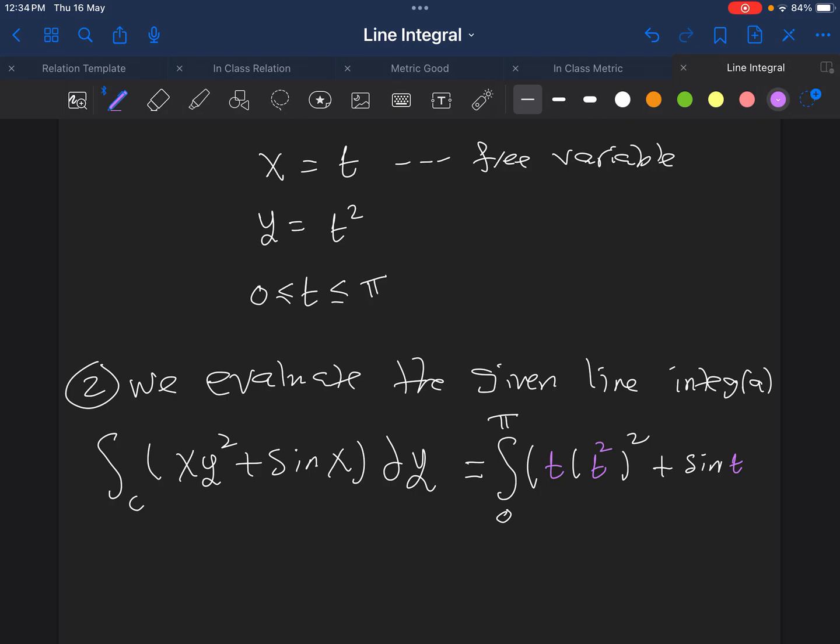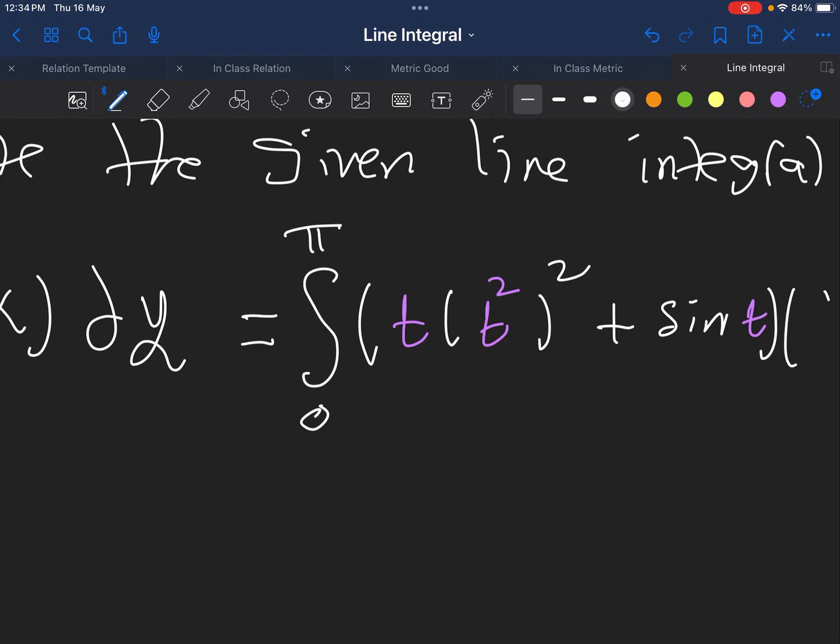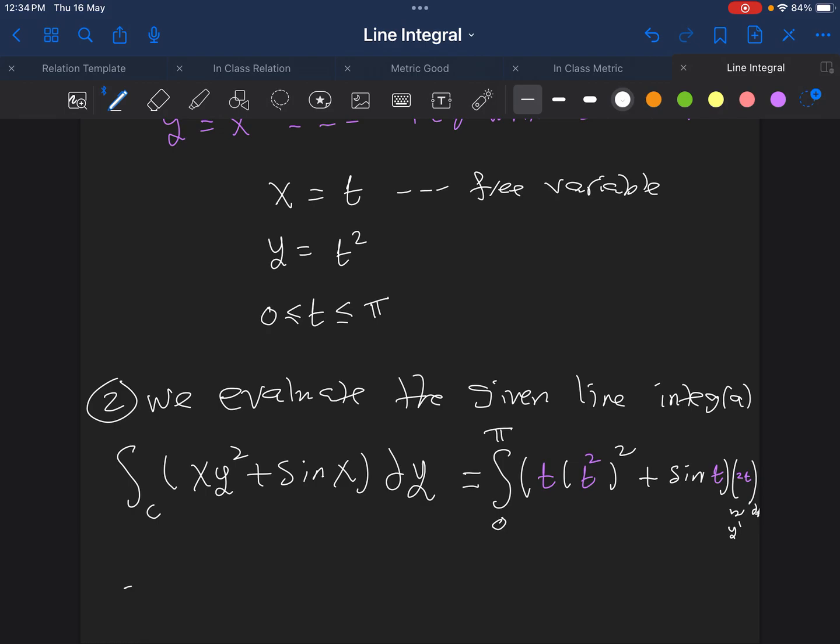And now, as the main issue here, what shall we replace dy with? Well, that is easier in this case, because what we replace it with is just y prime, the derivative of y, which in this case is 2t dt.